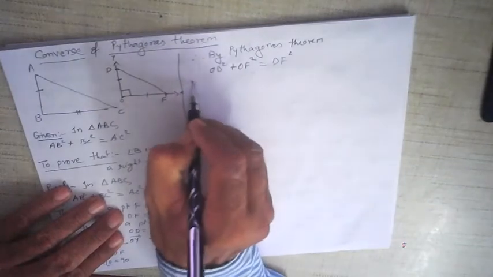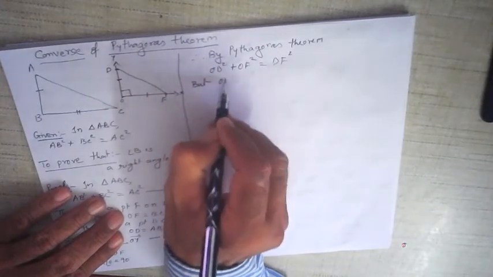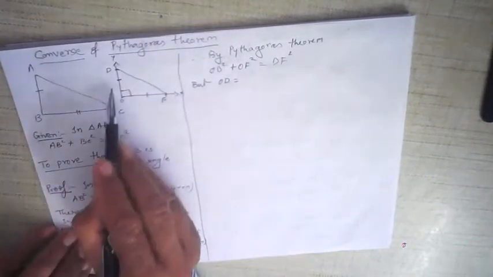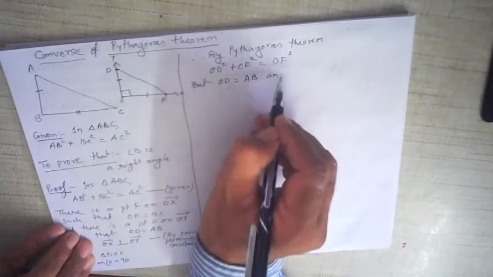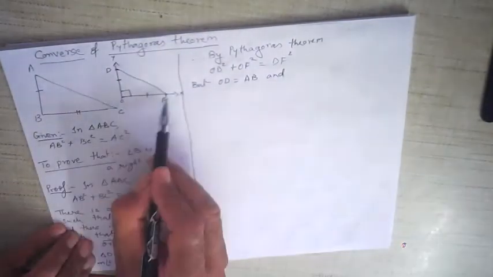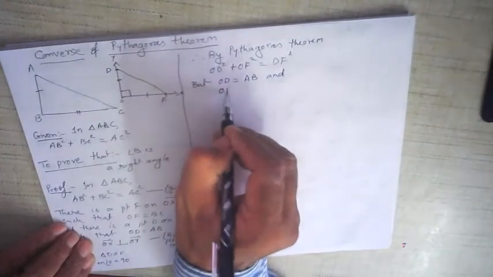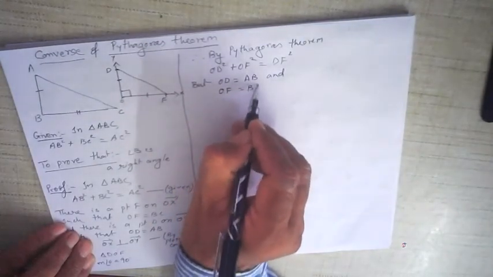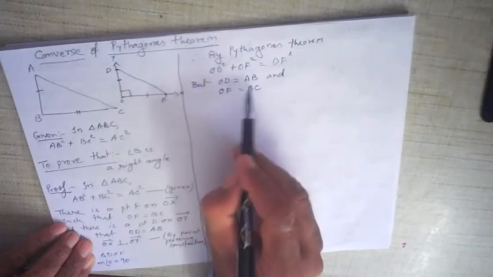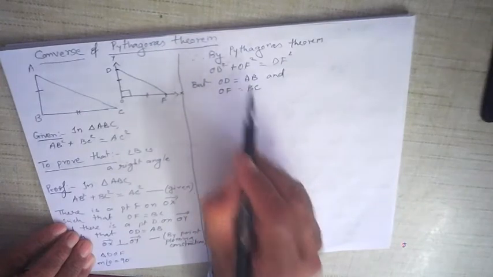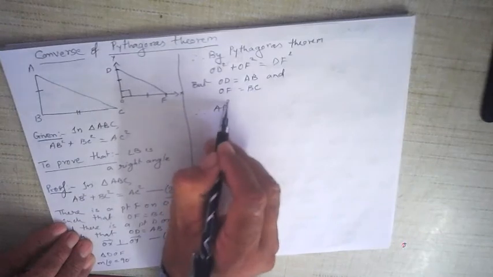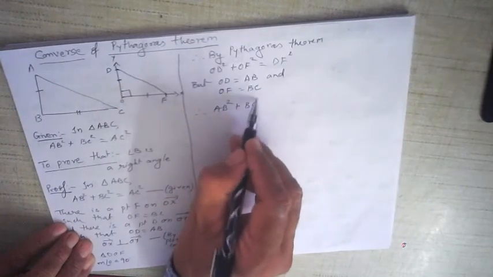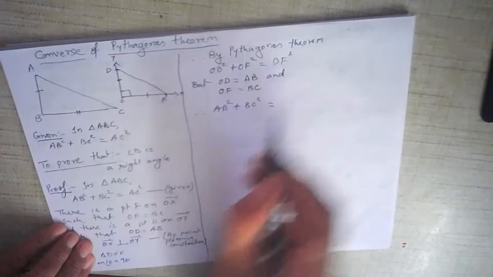But OD is equal to AB, and OF is equal to BC. So instead of OD, I can write AB, and instead of OF, I can write BC. Therefore, AB square plus BC square is equal to DF square.